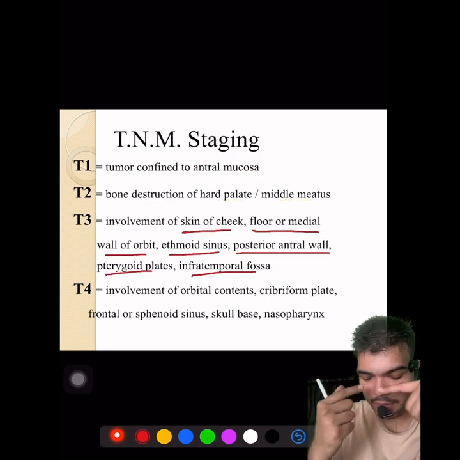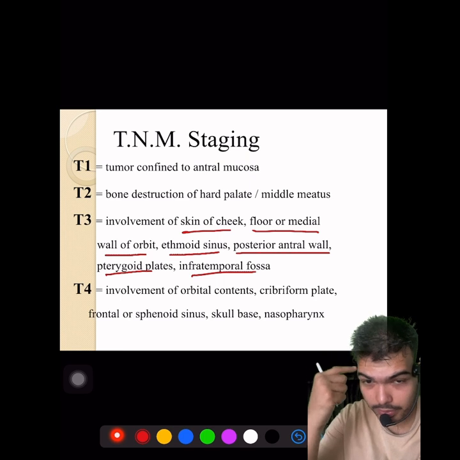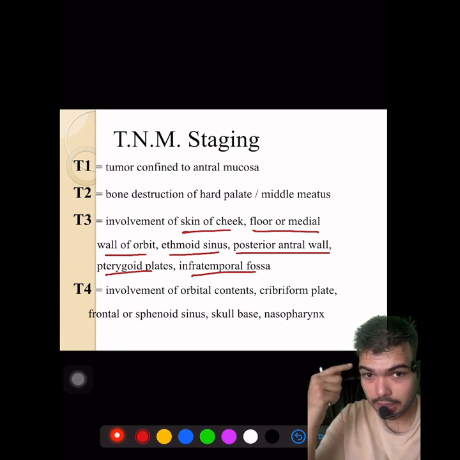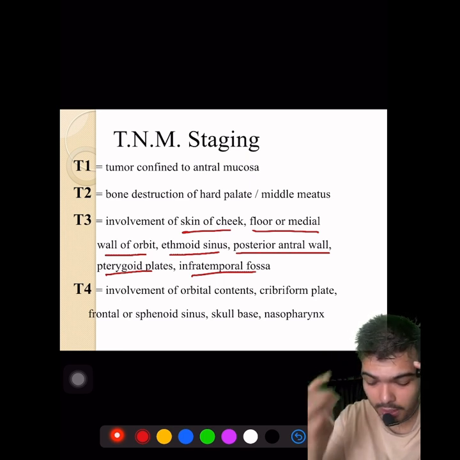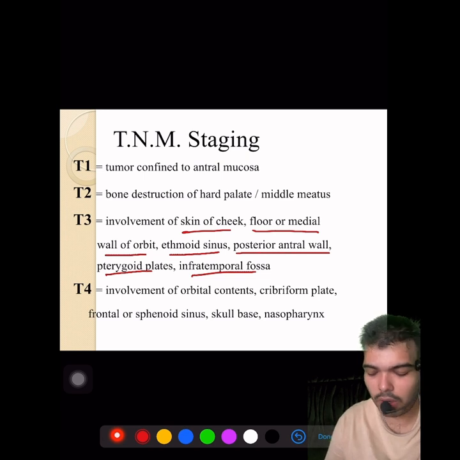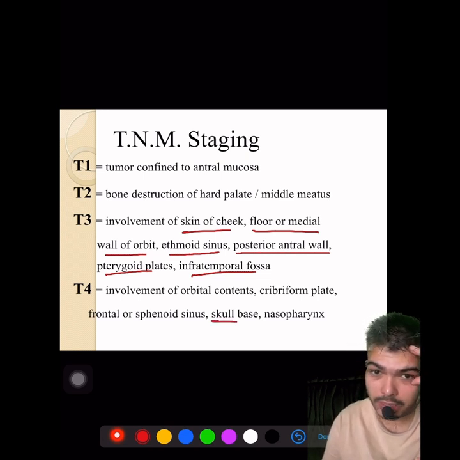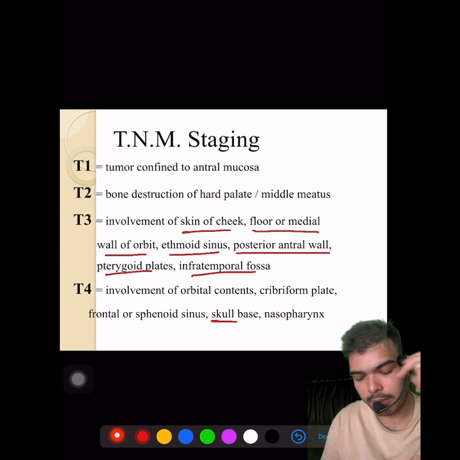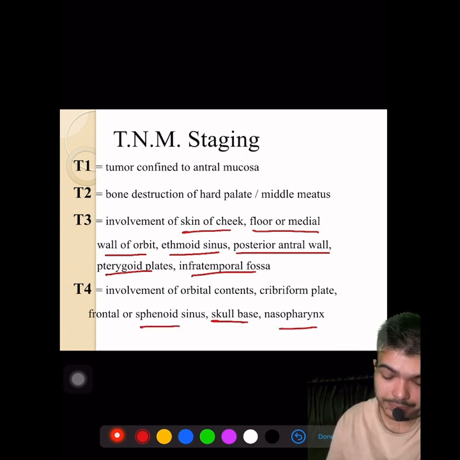And if it's involving more than that, the superior part, orbit, intracranial part, skull base, sphenoid sinus, this is all towards T4. The ethmoidal sinus, orbital floor, pterygoid plate, these all are T3.